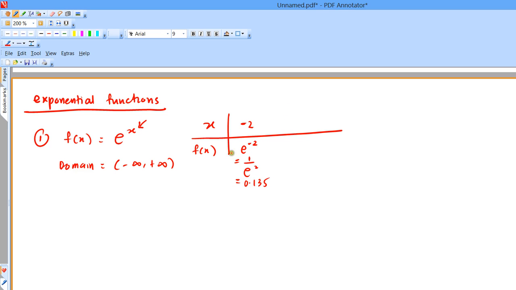And then if we choose x equal to negative 1, we get e to the power of negative 1, or 1 over e, equal to 0.368. And then when x equals 0, e to the power of 0 actually equals 1, and then for 1 we get e to the power of 1, so e to the power of 1, we also get positive.